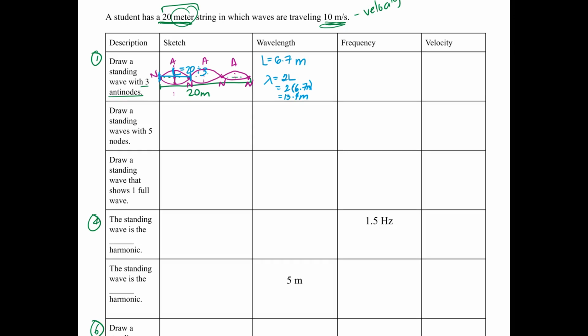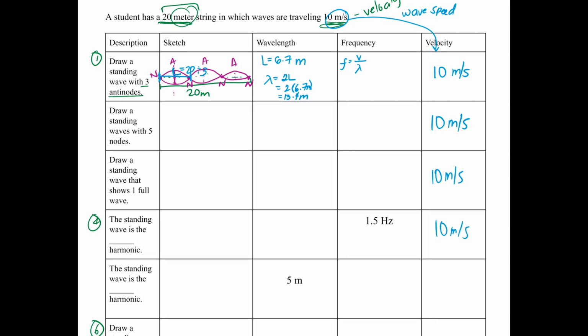Now for the frequency, we can use the equation velocity over wavelength. We have the wavelength, which is 13.4, and our velocity is 10 meters per second. Velocity and wave speed, remember, refer to the same thing. You can fill in 10 meters per second for this whole box because the string doesn't change.